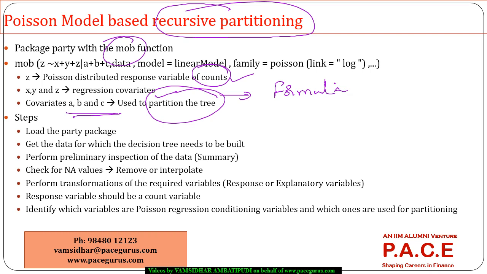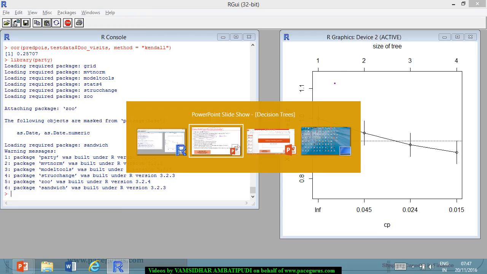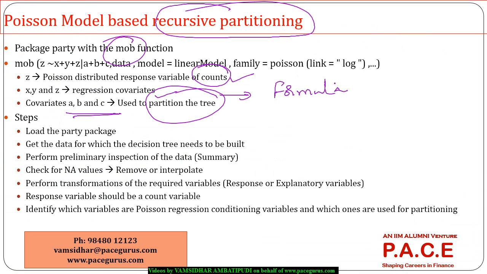One, which are primarily targeted for building the model, and two, which are targeted towards splitting of the data. So here also we will take a step where a few of the variables will be used for building the model and a few of them will be used for partitioning the data.